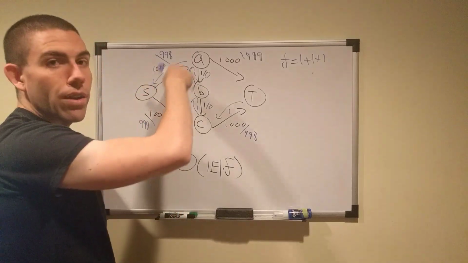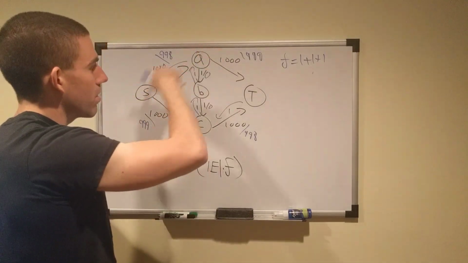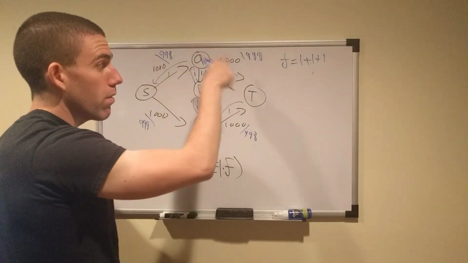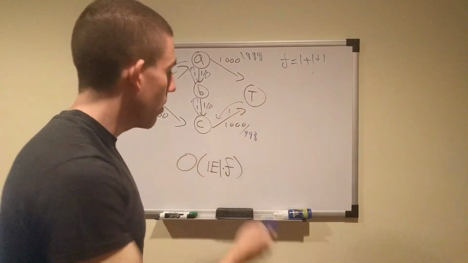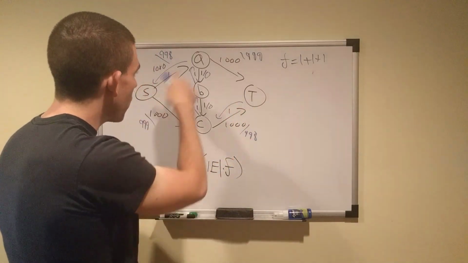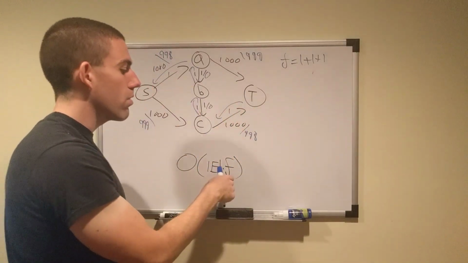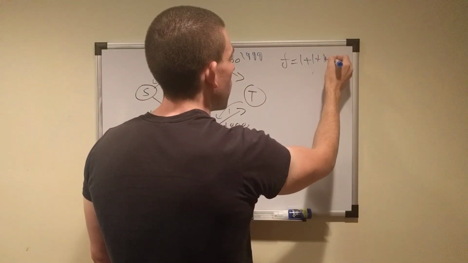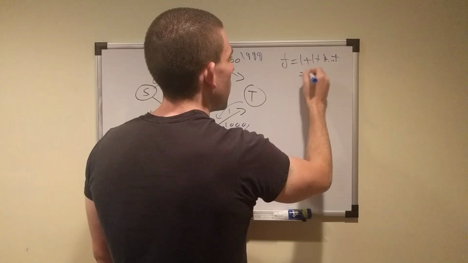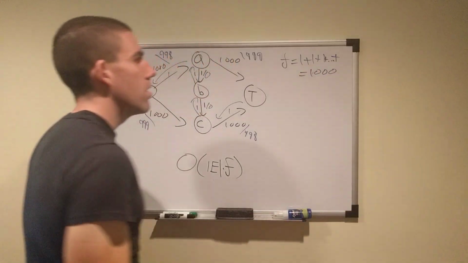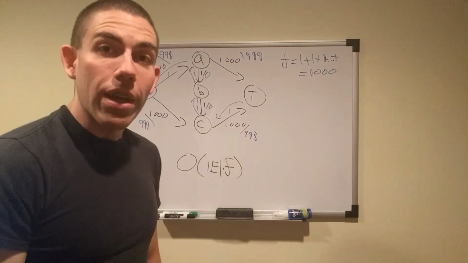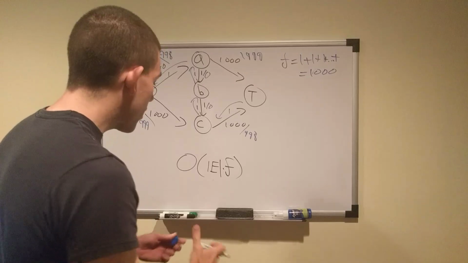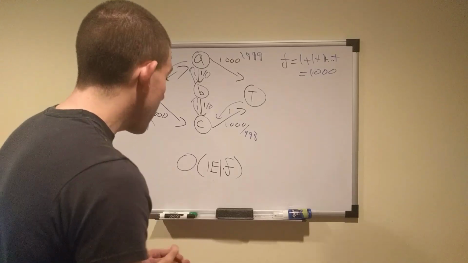And you can see the pattern now. We're just going to keep going like this over and over again 1,000 times. So every edge in the graph will be traversed 1,000 times, just summing up one by one in the worst case. So that's maximum flow. Hopefully it makes sense.